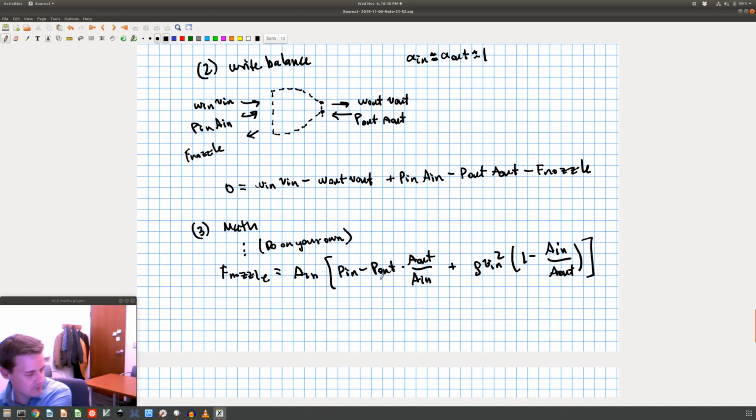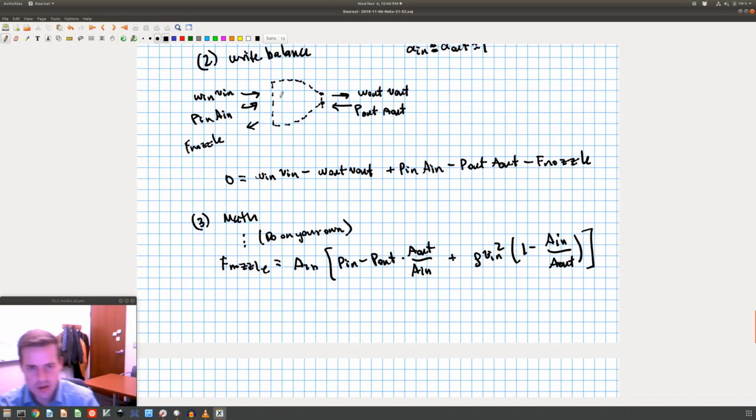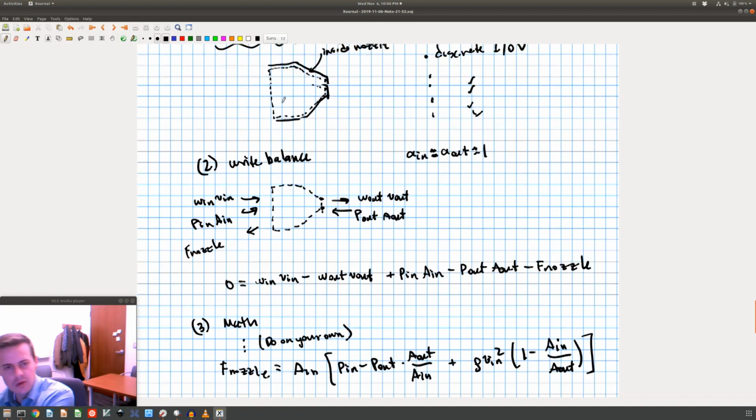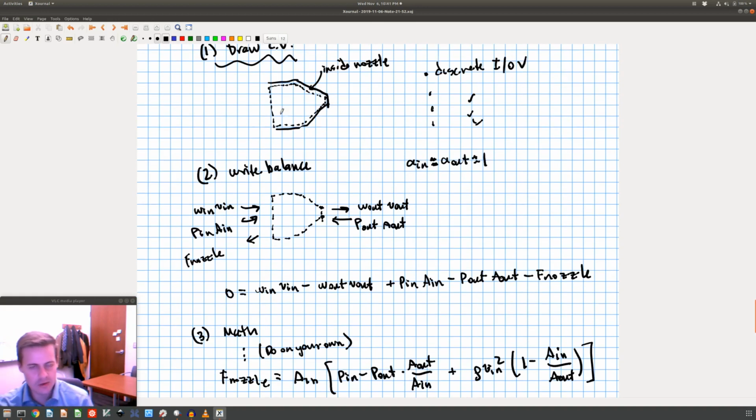What's going on here is that I drew my control volume inside the nozzle. So this is only telling me about what the force of the fluid is on the nozzle. It's not telling me about the net force that includes the atmospheric pressure on the outside.